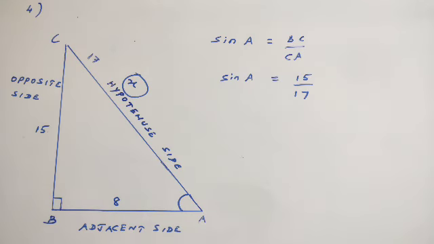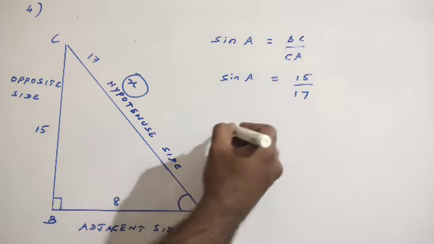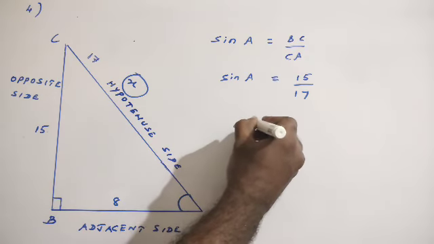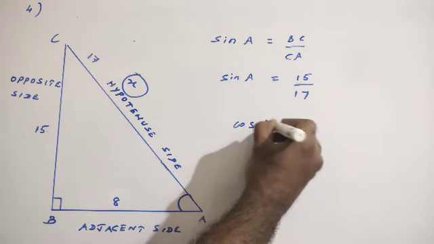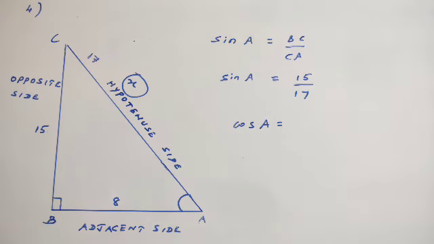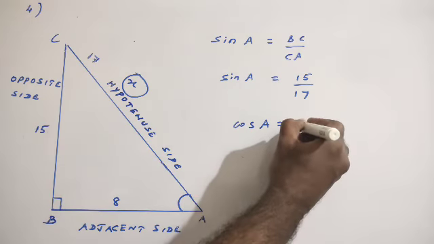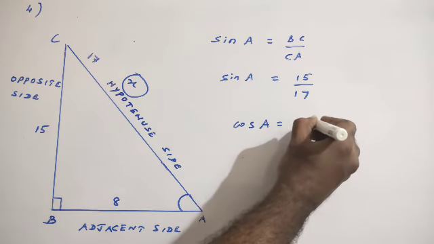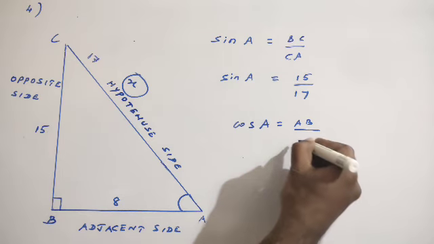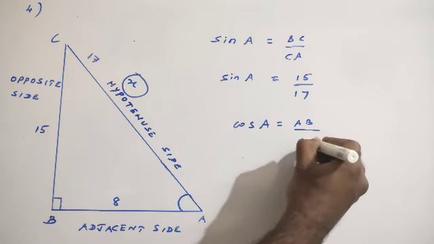Like that we have to find secant A. Just you write first cos A. Cos A equal to adjacent side by hypotenuse side. So AB by hypotenuse side, that is CA.